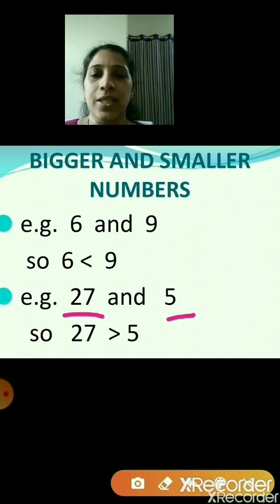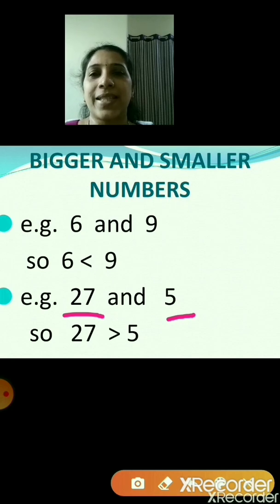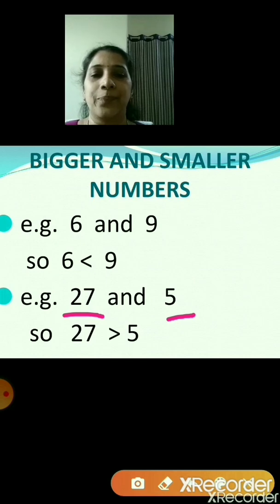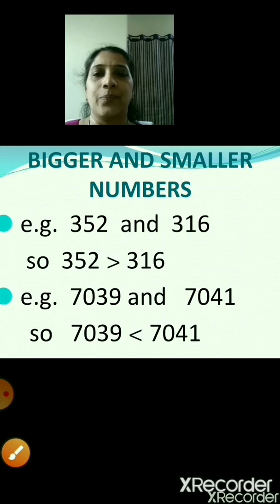Whenever there are 2 digits on one side and 1 digit on the other side, you always choose the 2-digit number because a 2-digit number is always greater than a 1-digit number. So 27 is greater than 5. I hope students, you are understanding what I am telling. Now let's move to the next example.